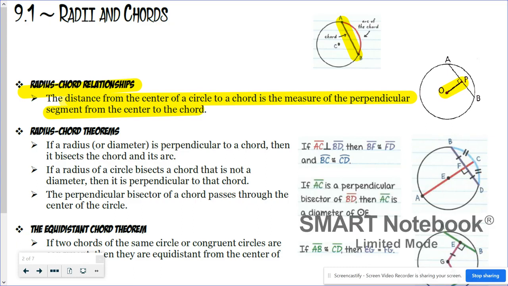So we have the Radius-Chord theorems, and they all essentially say the same thing. If a radius is perpendicular to a chord, then it bisects the chord and the arc. It could be the diameter, but if it's perpendicular to the chord, it bisects the chord and the corresponding arc.